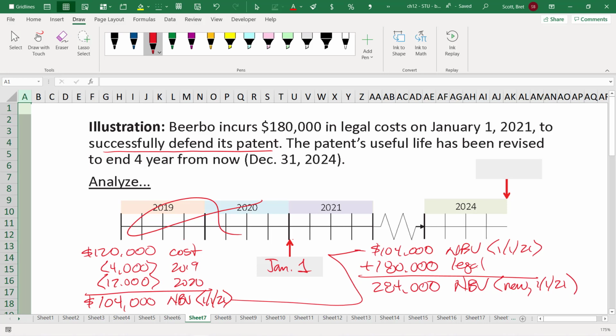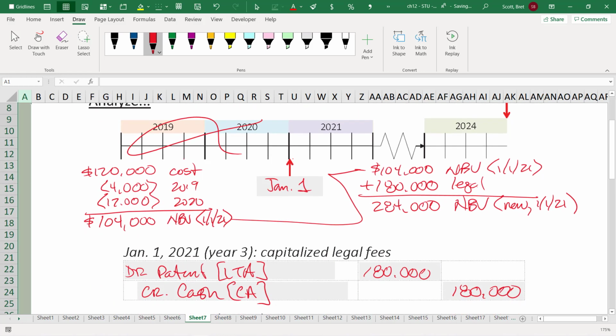Useful life has been revised to end 4 years from now, so December 31st, 2024. So that's essentially 4 full years. So let's divide 284 by 4 years remaining. And when we do, we come up with a new amortization per year of $71,000. That's what we have to use.